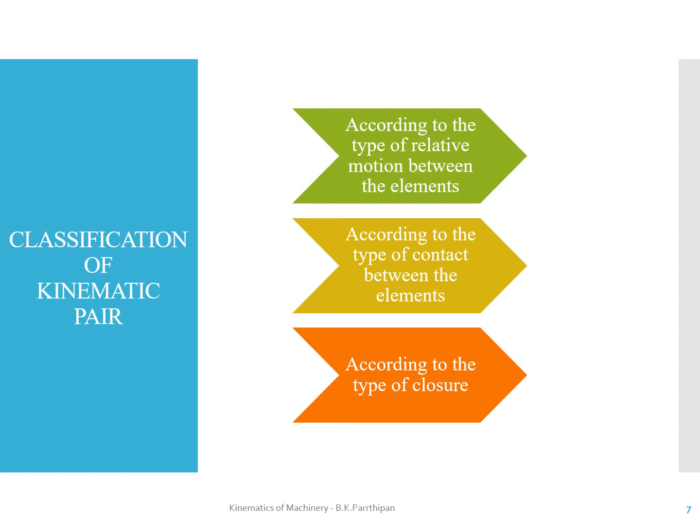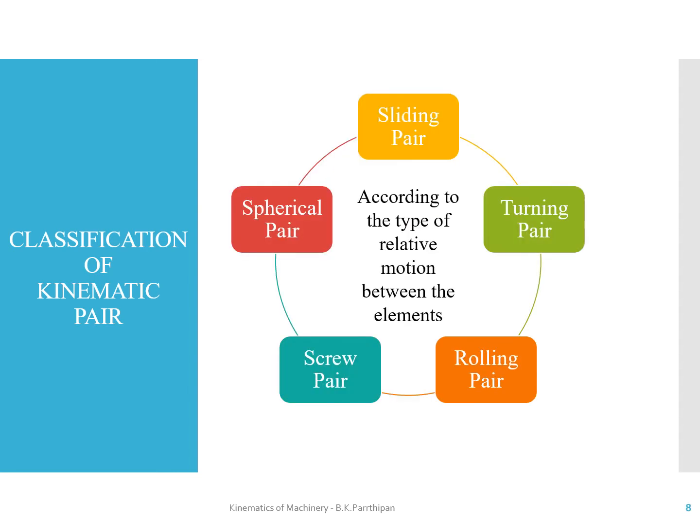Third one, according to the type of closure arrangement. Let us further subdivide. According to the type of relative motion between the elements, I am going to subdivide it into 5 categories. That is, sliding pair, turning pair, rolling pair, screw pair, and spherical pair.